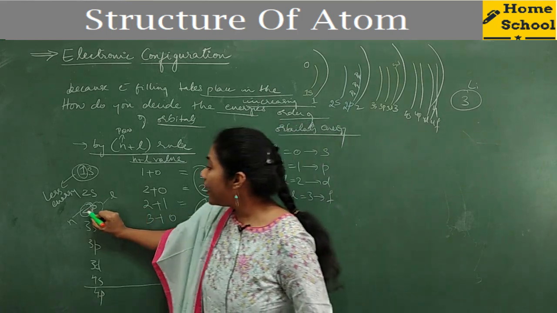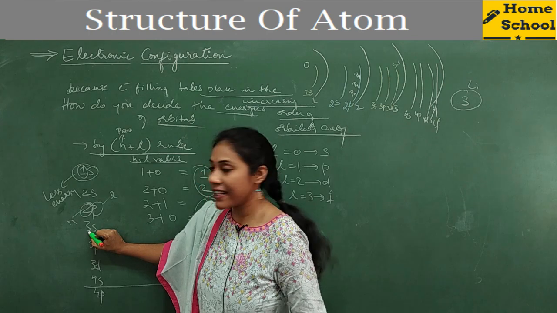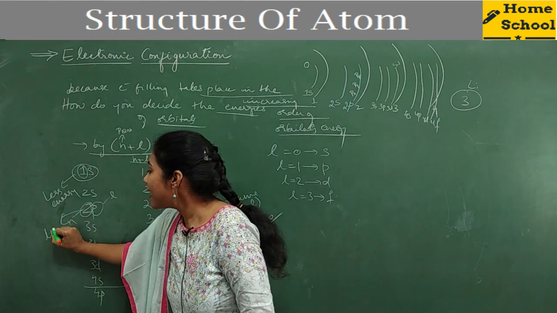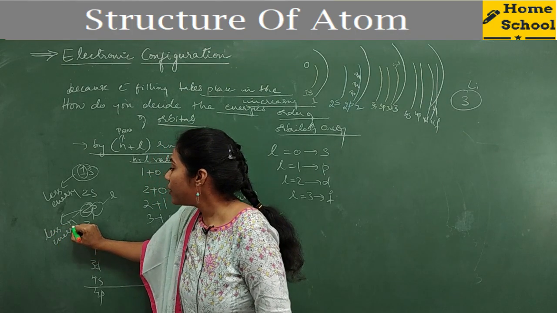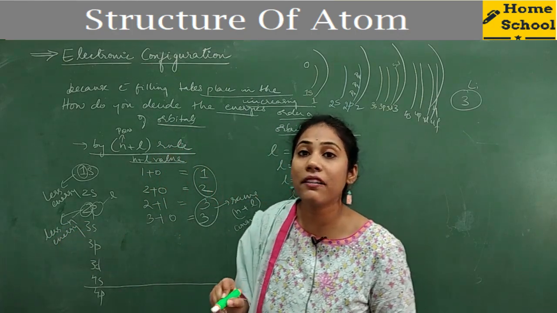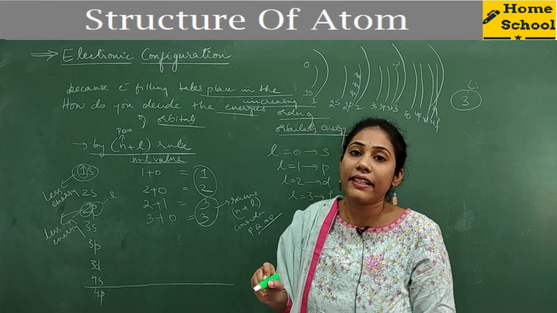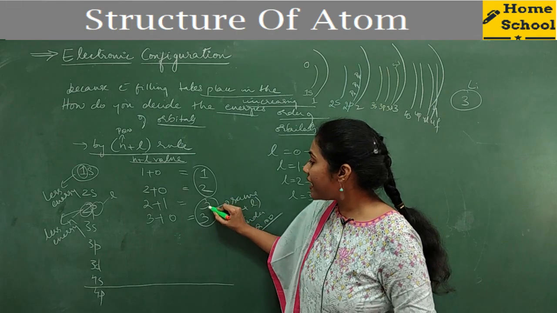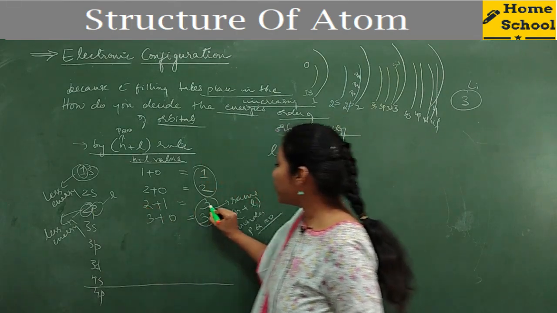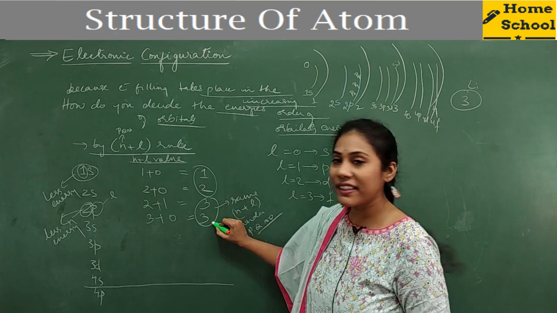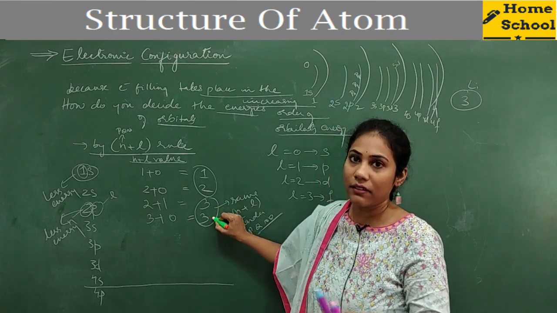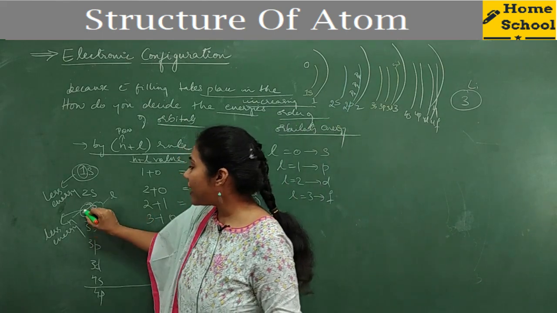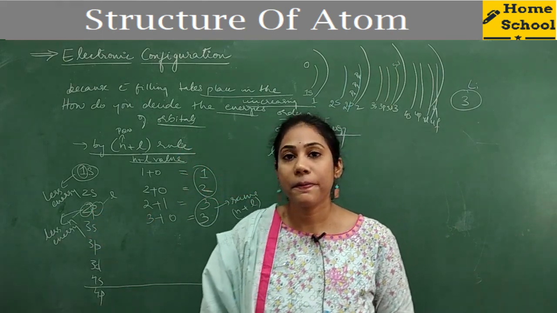Among these, this is 2, this is 3. 2 is lesser, so I can say 2p has lesser energy. The one with the lowest principal quantum number will have the lowest energy. So among the two, which one has the lowest energy? Definitely 2p. Both of them got 3, but we are selecting the one with the lowest energy. When you have got the same number, then definitely you have to consider their principal quantum numbers.